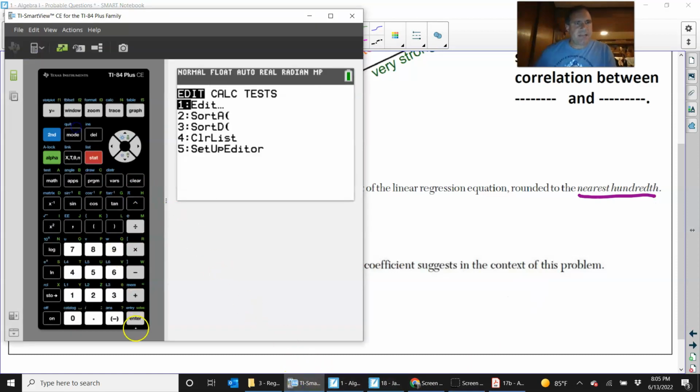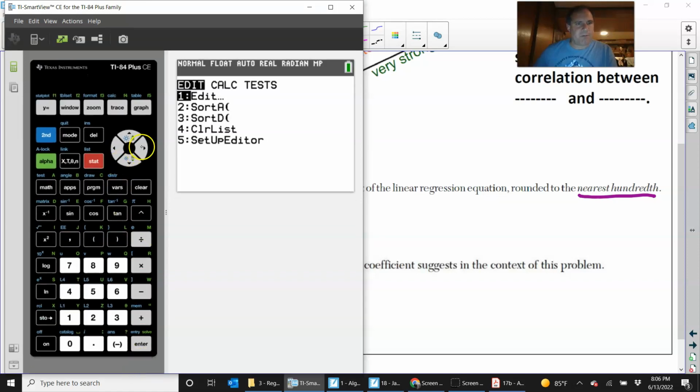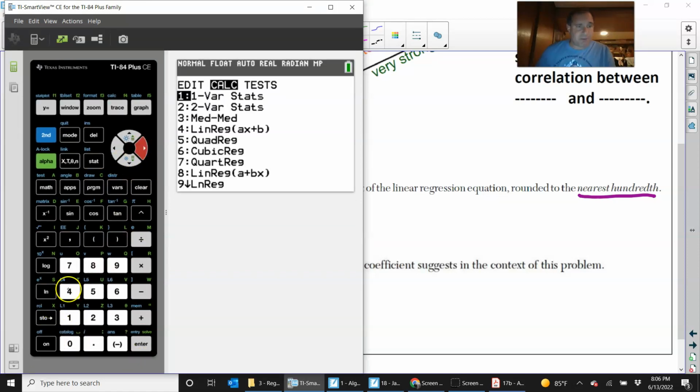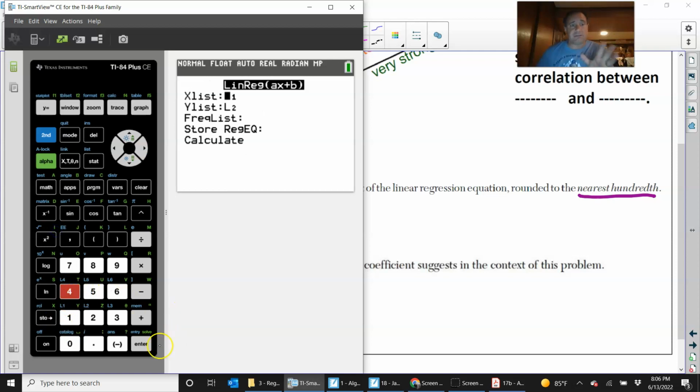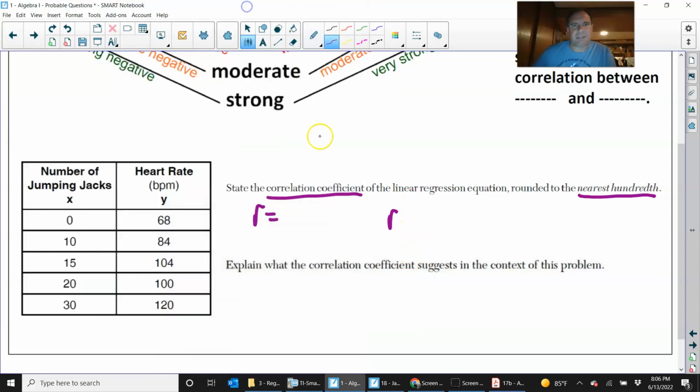We're going to press stat, and we're going to go over to calc again, and we're going to press 4 again, just for the linear regression equation, like the one that we had before. We're going to press enter 4 or 5 times, and you see the R? That's what you need. Here's the correlation coefficient, right?